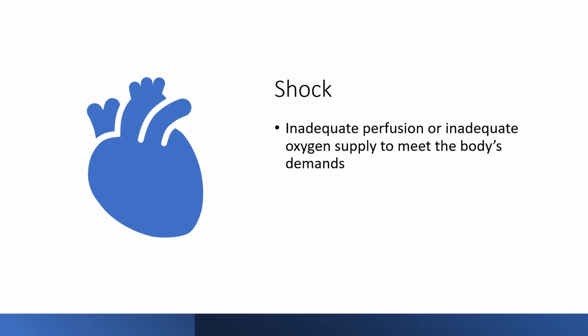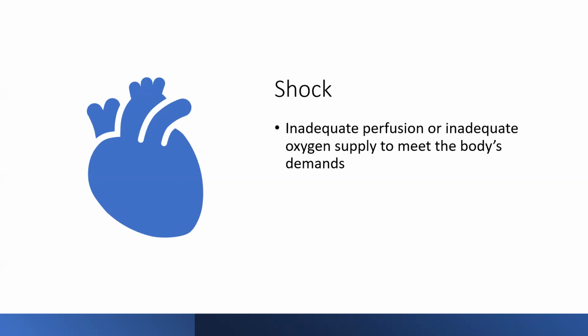I think in shock, they have to have organ damage. Yes, exactly. So if we can't rely on blood pressure alone, then what do we rely on? We rely on clinical evidence of lack of end organ perfusion and also laboratory evidence.